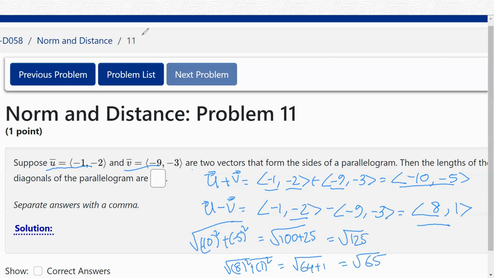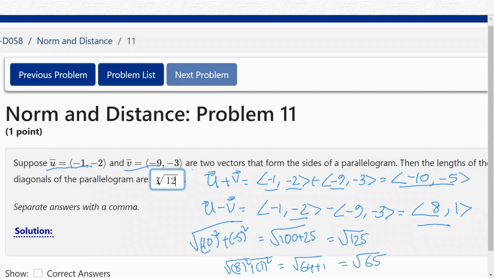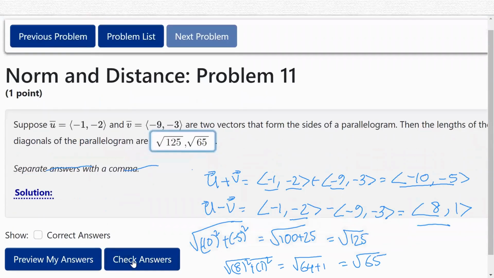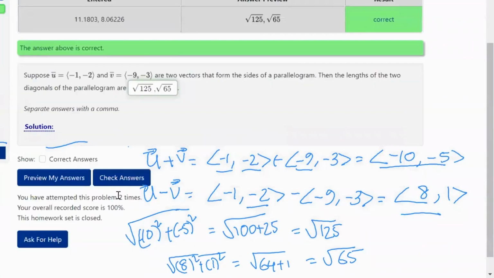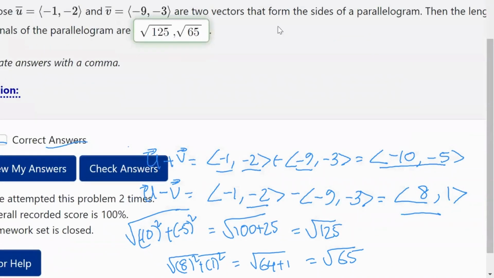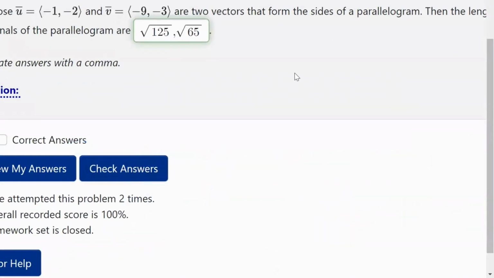Let me plug in the answer and see. So it's going to be square root 125, comma, square root 65. Let me check the answer. You see, it's correct.